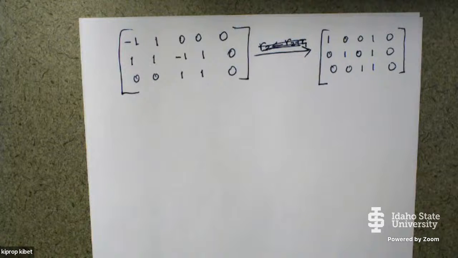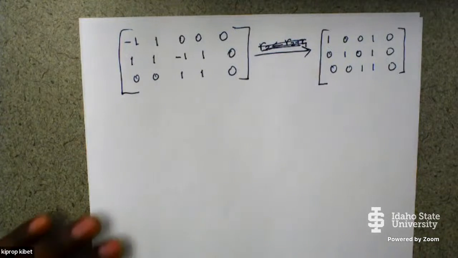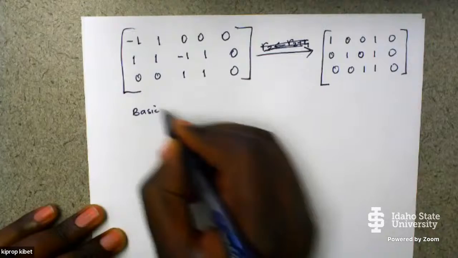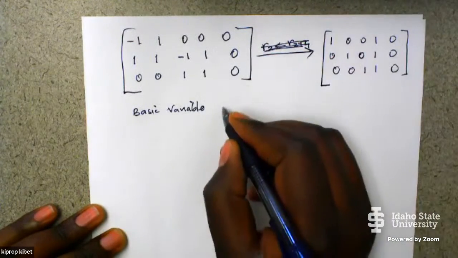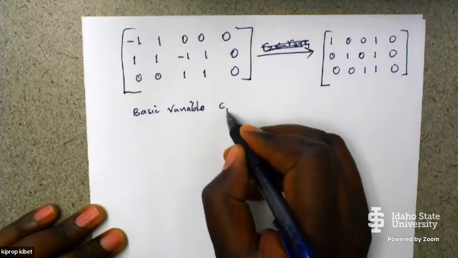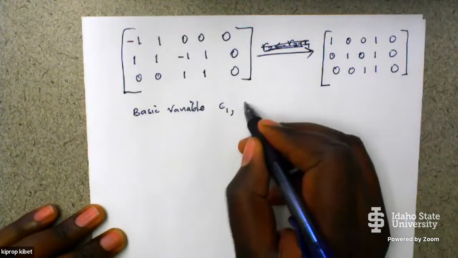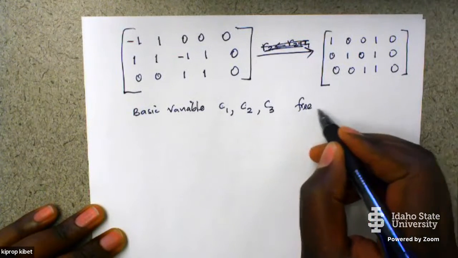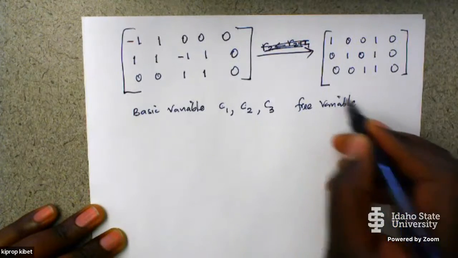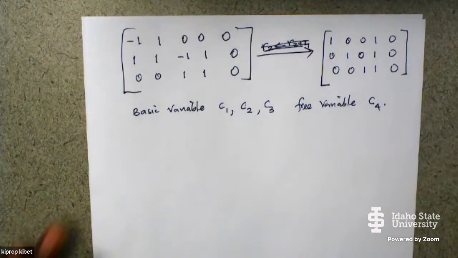We have the pivot positions here. So we have our basic variables, which we can name C1, C2, and C3, and our free variable as C4.